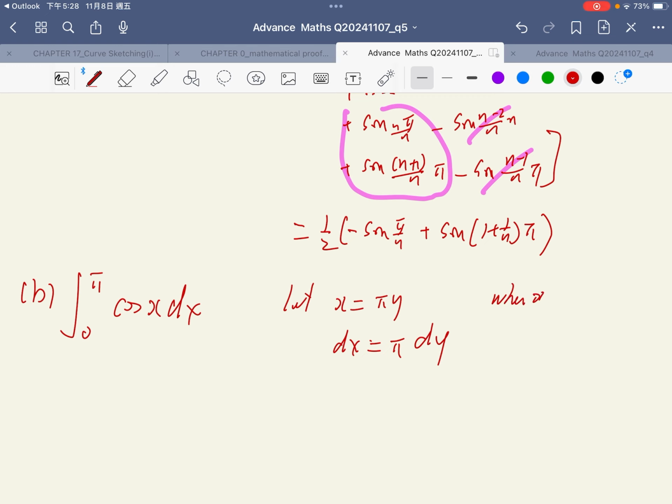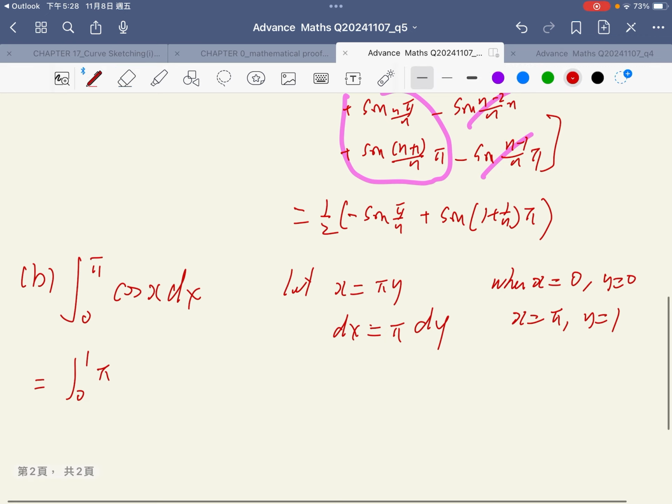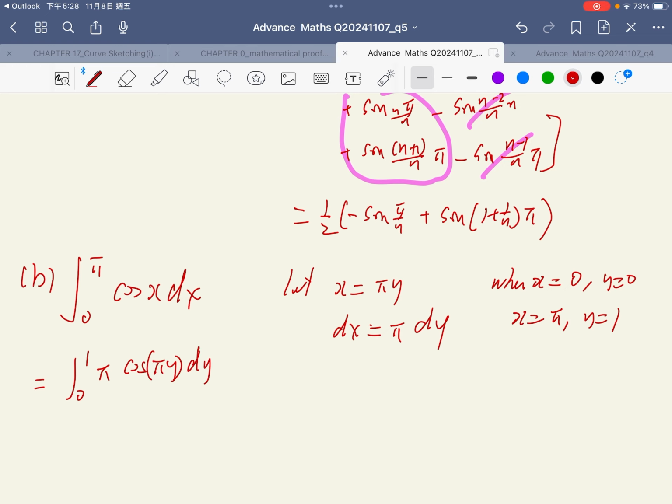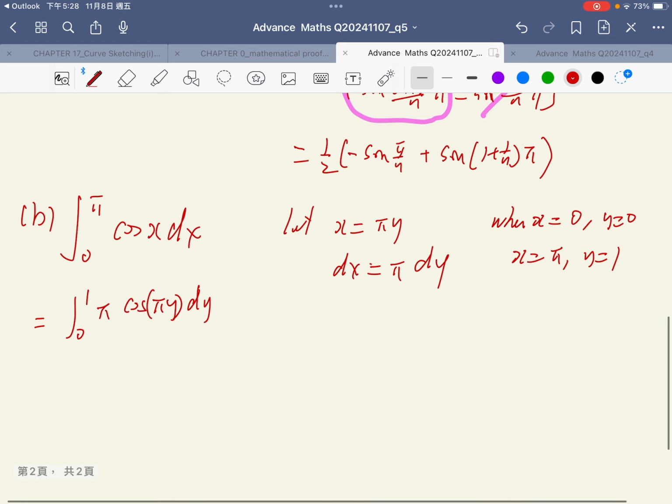When x equals 0, y equals 0, and when x equals pi, y equals 1. Then I change this one to the integral from 0 to 1 of pi cosine pi y dy.